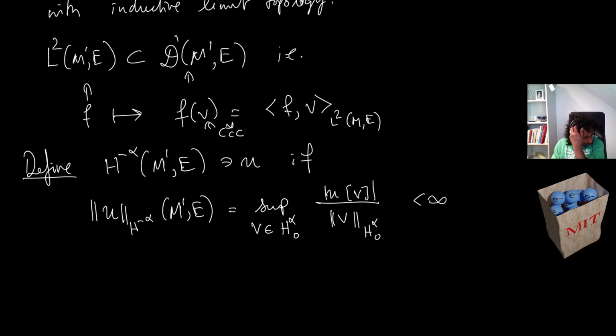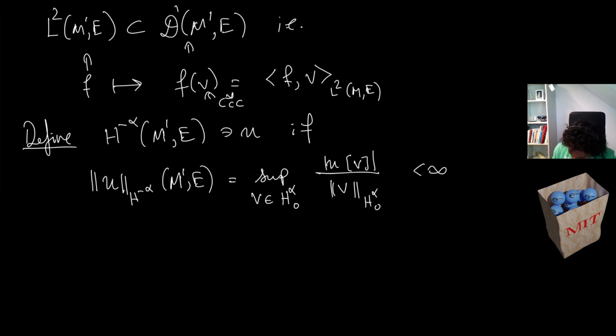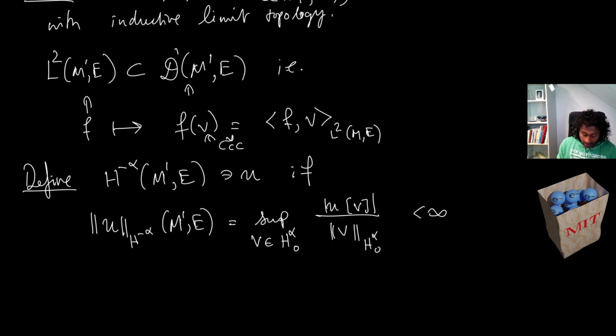But you hit on a very good point. The question is, how do we really understand exactly what's going on here when we restrict to L2? In the interest of time I won't get into it, but next time we'll really understand this norm when we take a U in L2, since I'm considering L2 to be contained in this space.